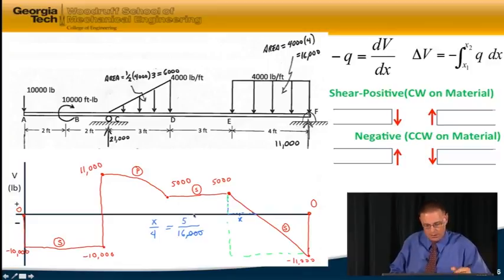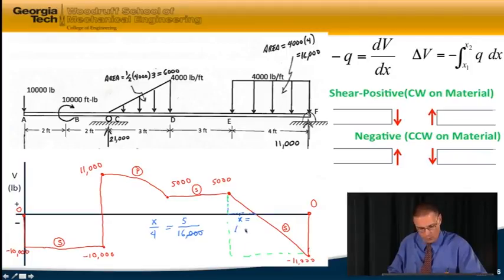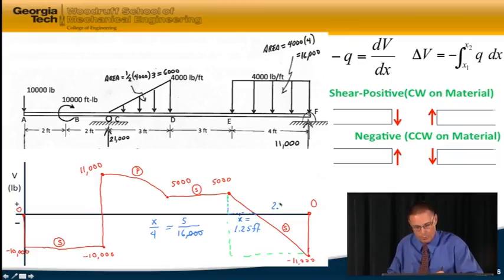You could do 16,000 to 5,000 or 5 to 16; either way is fine. If you solve for x, you find this distance x is 1.25 feet. The total distance is 4, so this distance is 2.75 feet.